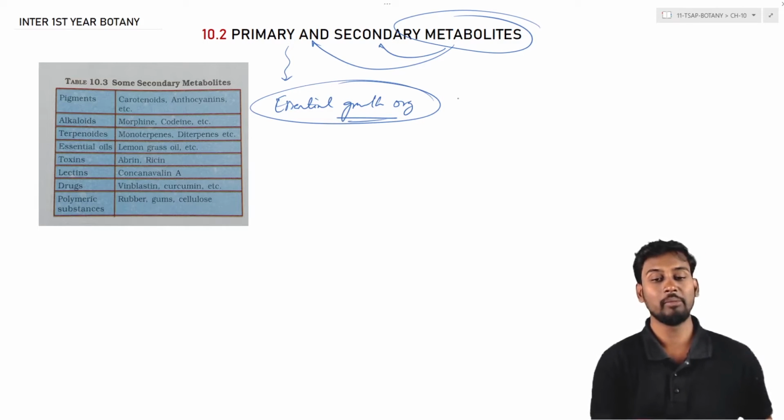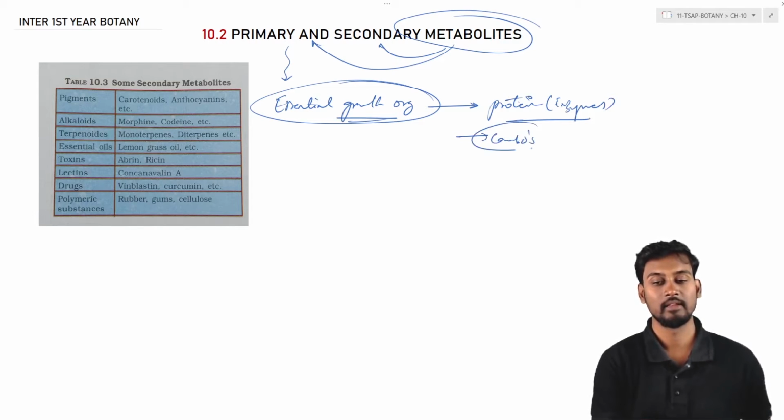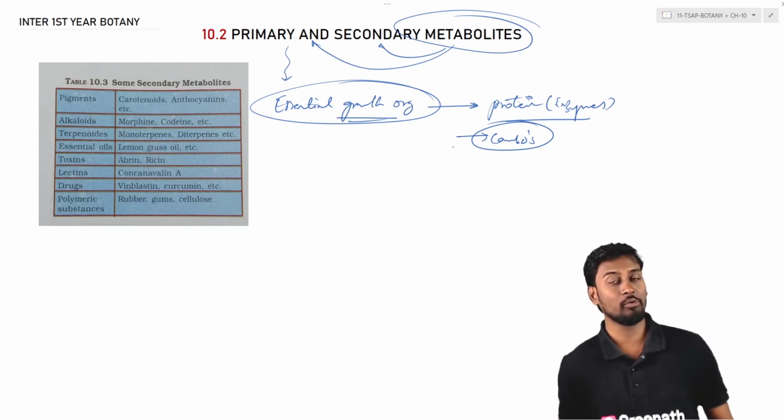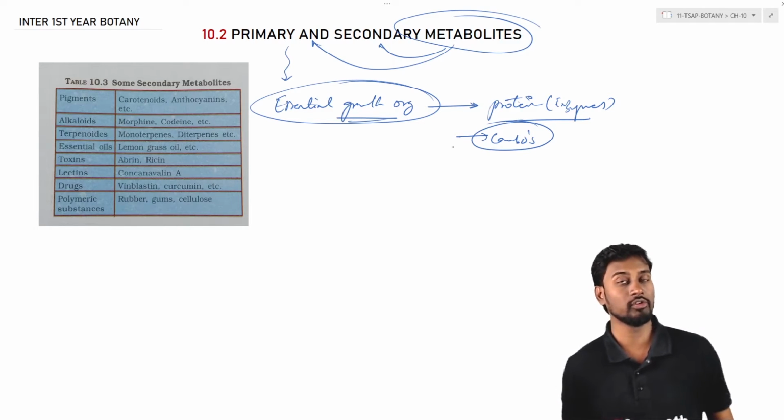For example, they can be proteins in enzymatic form, the enzymes, and also carbohydrates, or any kind of molecule which is very much essential for the functioning of the cell.